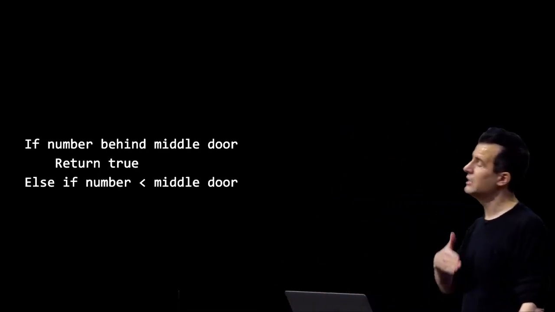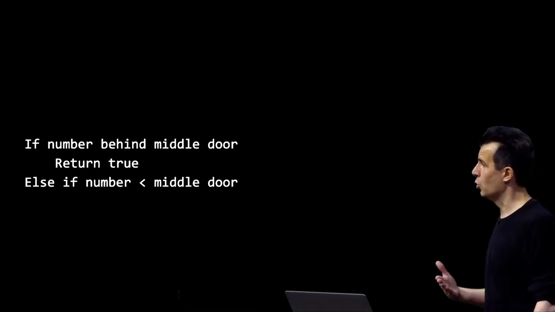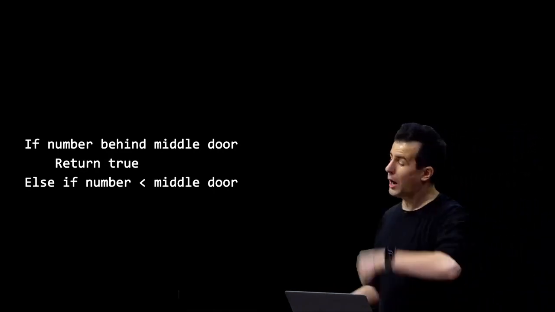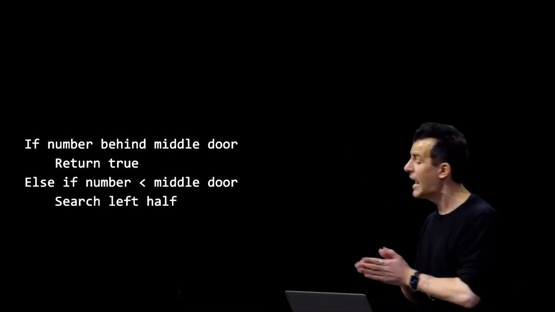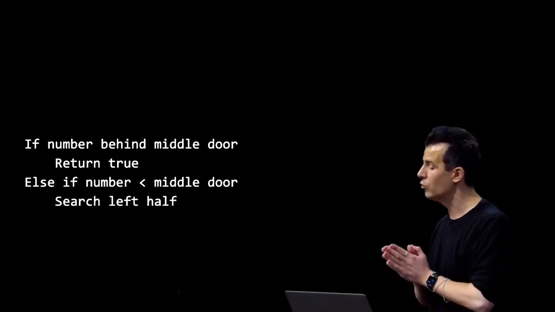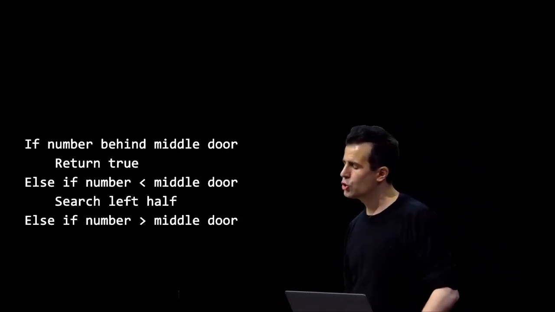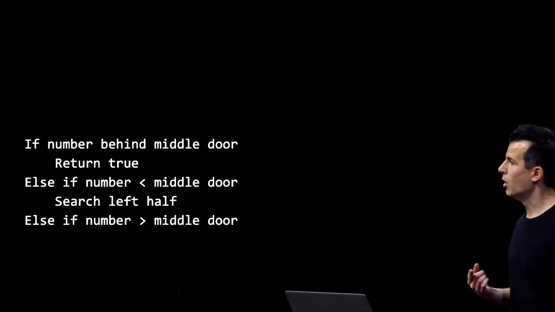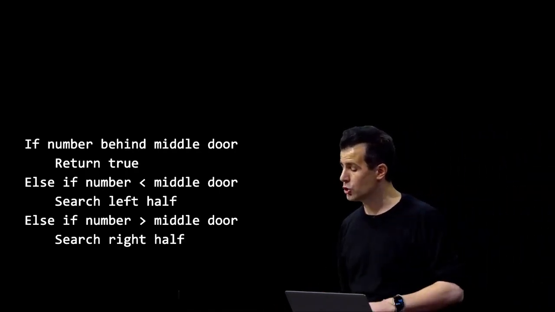So if the number is less than that behind the middle door, then just like with the phone book, I'm going to go to the left, and I'm going to search the left half of the remaining doors in the array. Else, if the number is greater than that behind the middle door, then like the phone book, I'm going to go ahead and search the right half.